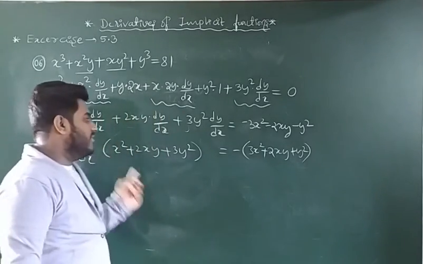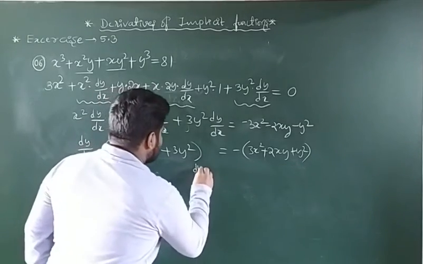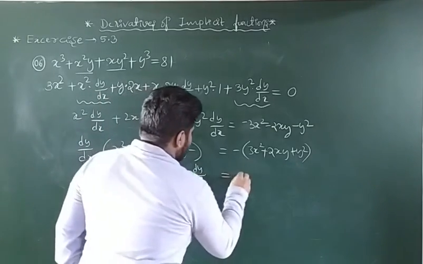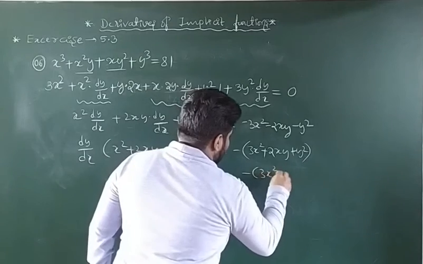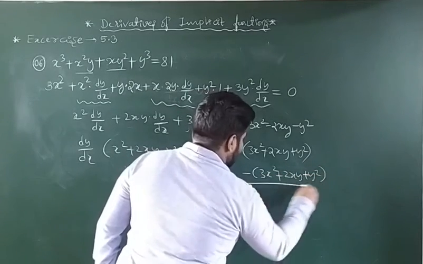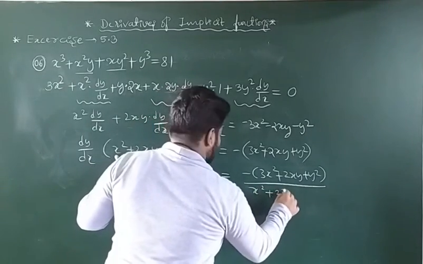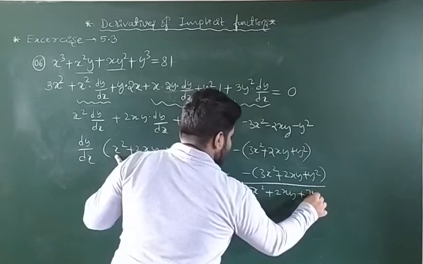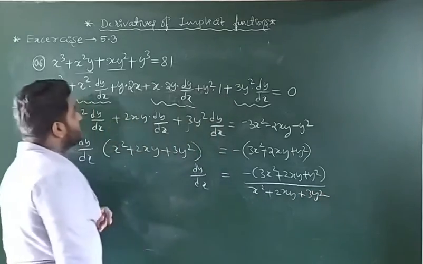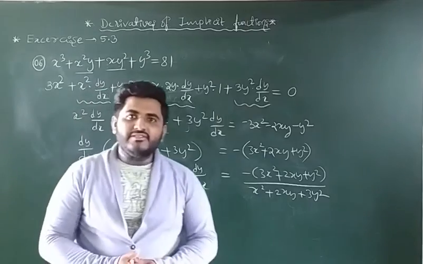Here it is multiplicative. Whenever comes this side, it becomes dividend. So dy by dx equal to minus 3x square plus 2xy plus y square whole divided by, what we are having? This one, x square plus 2xy plus 3y square. So here it is an answer for this question. Sixth problem. I hope you understood guys.